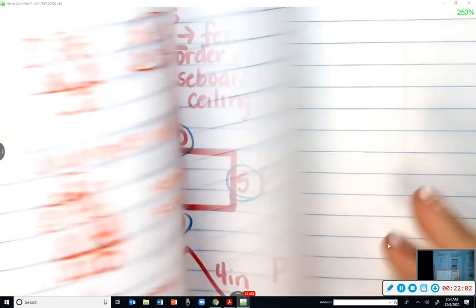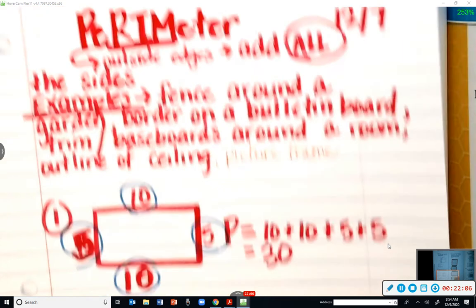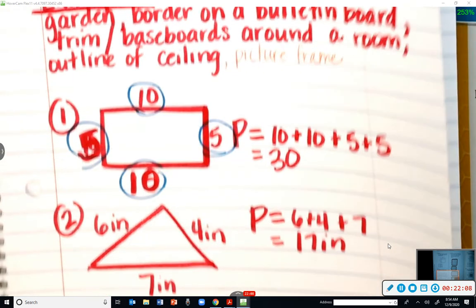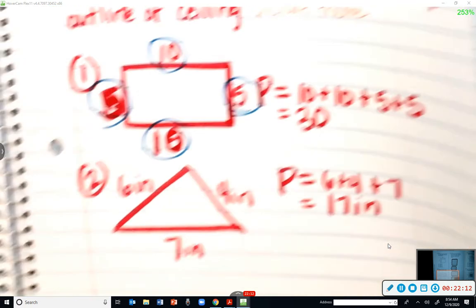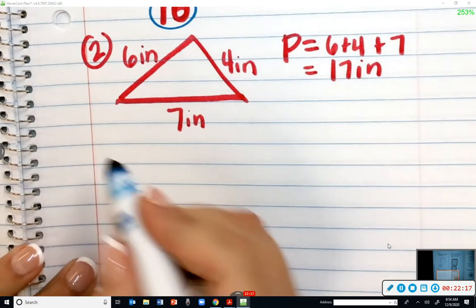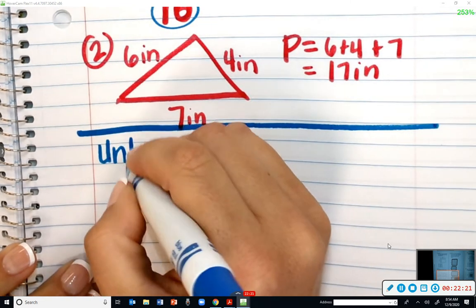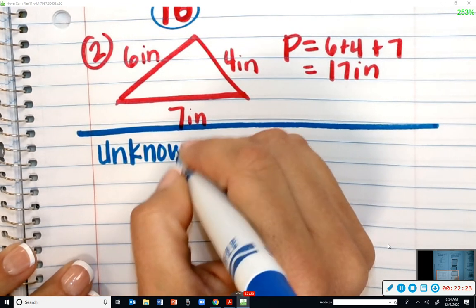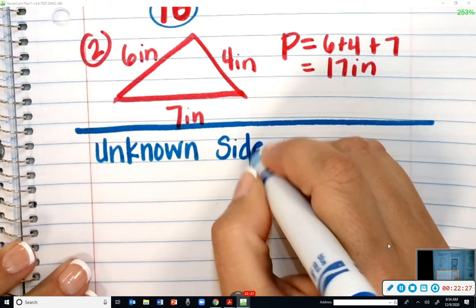The last thing we wrote was on perimeter. If you have room, you can continue on that same page, and we're going to put unknown side lengths.